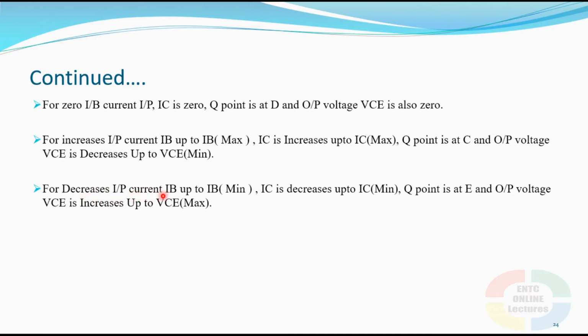When input current IB decreases up to IB minimum, IC decreases up to IC minimum, the Q point is at E and the output voltage VCE increases up to VCE max.